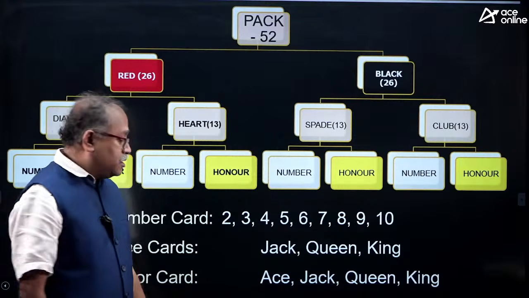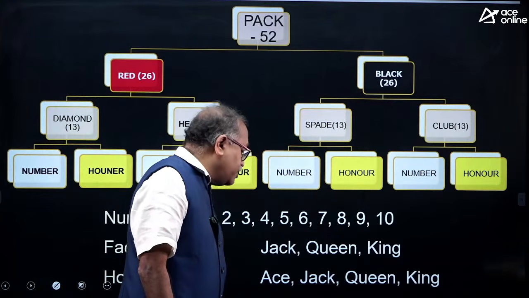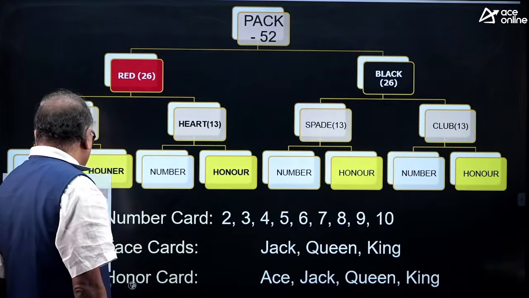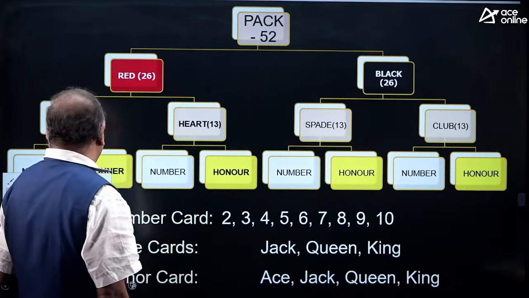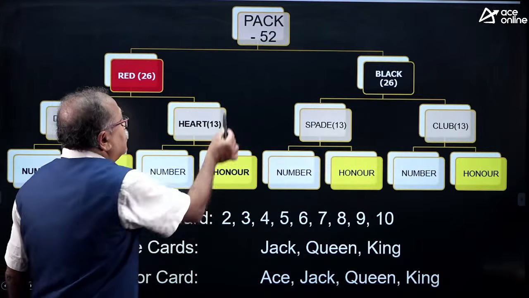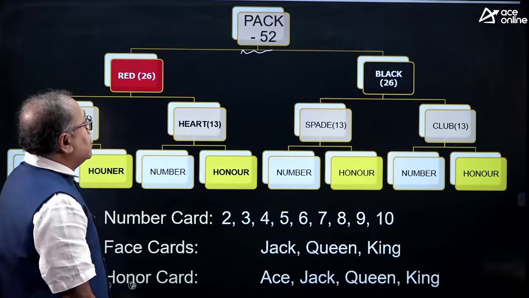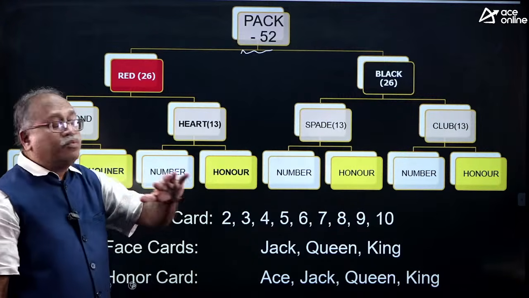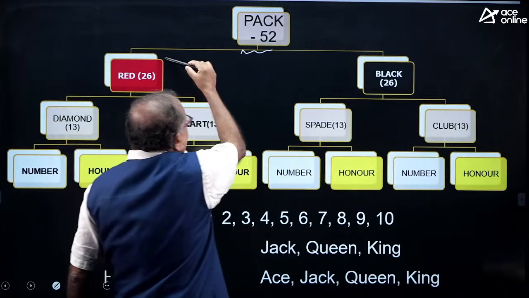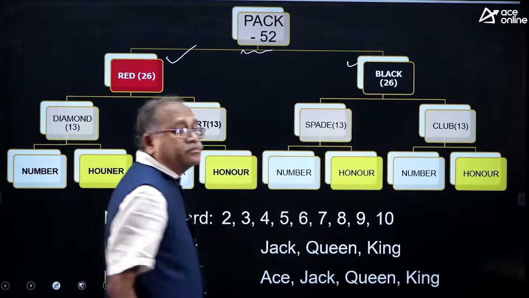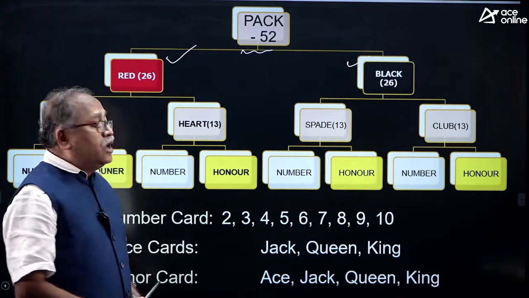The next question is related to probability. Here you must be knowing this part: a pack has 52 cards and is divided in two parts, red and black, 26 and 26.